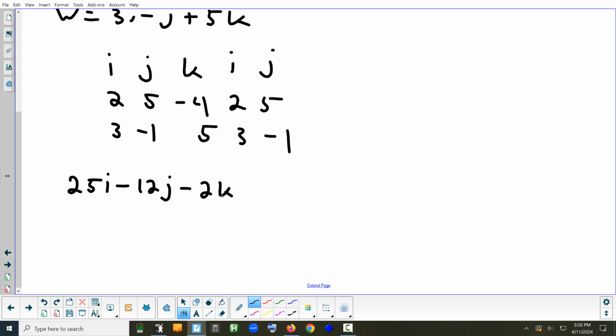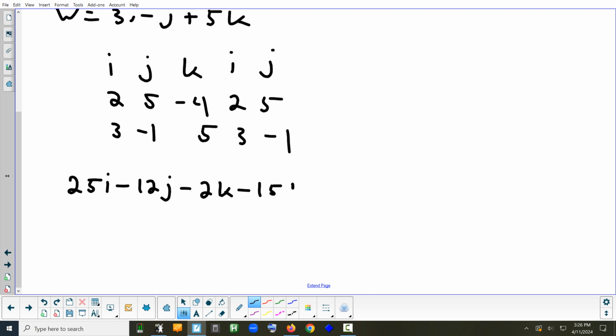All right, now what do we do? You do the opposite. You would take from the right side and go down left. So we'll start with k and then work our way over. That would be 15k, but you would make it minus because it's going backwards.